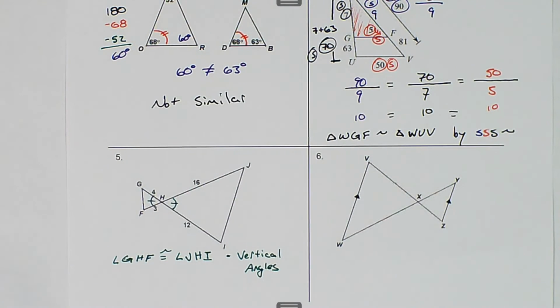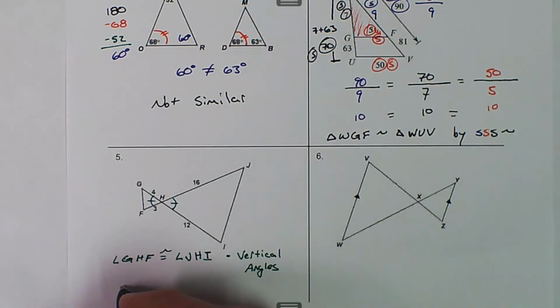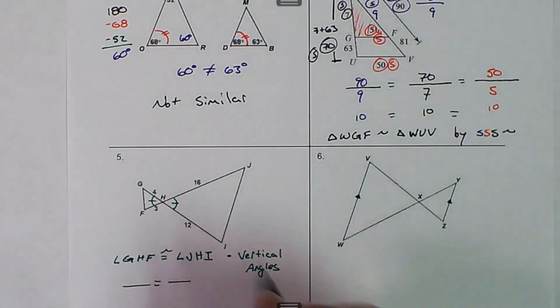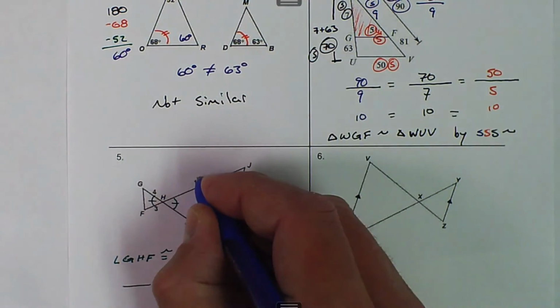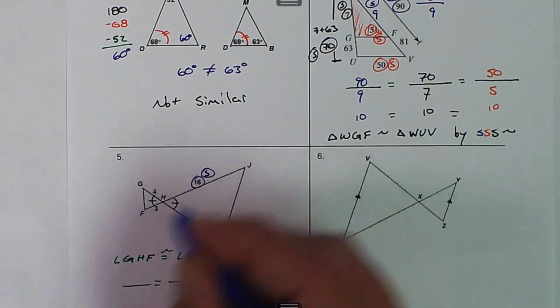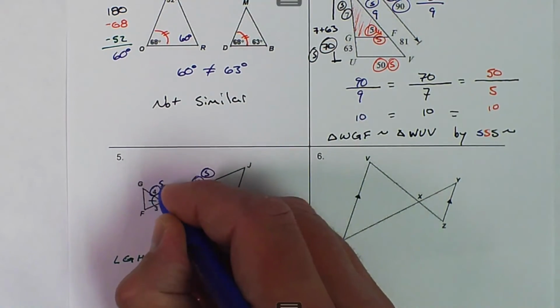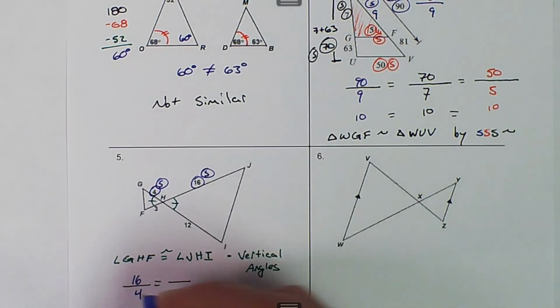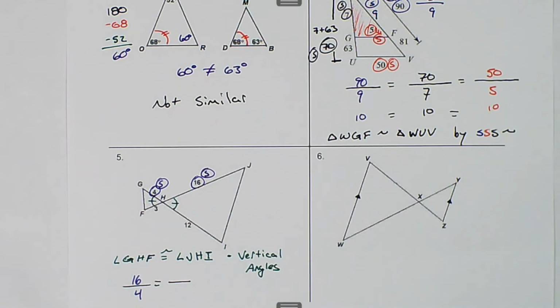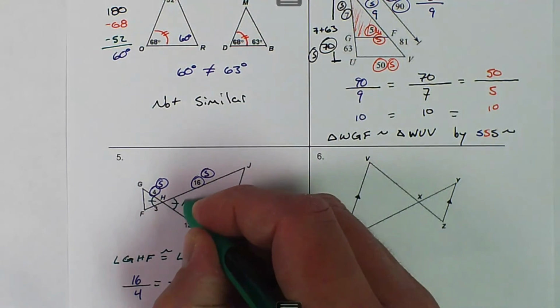And now we've got to check our proportionality of the two given sides. So I'm going to set up my proportion, and we want to compare the sides. So the two largest sides are going to be 16 and 4. And we were already given the angles here.